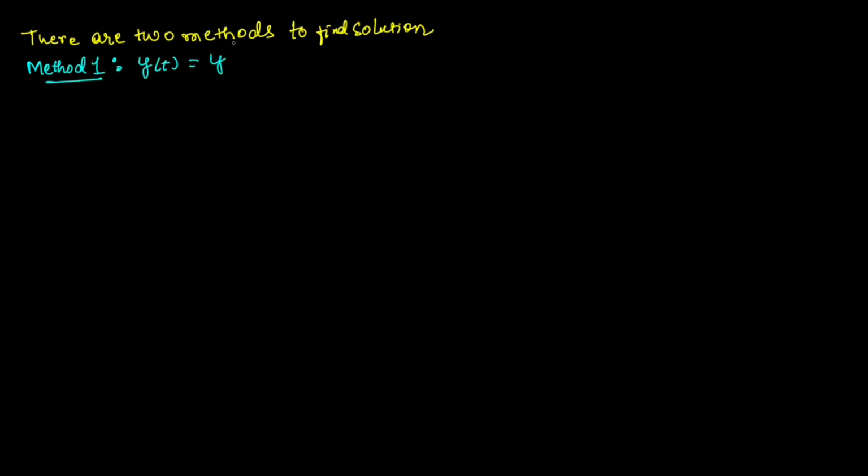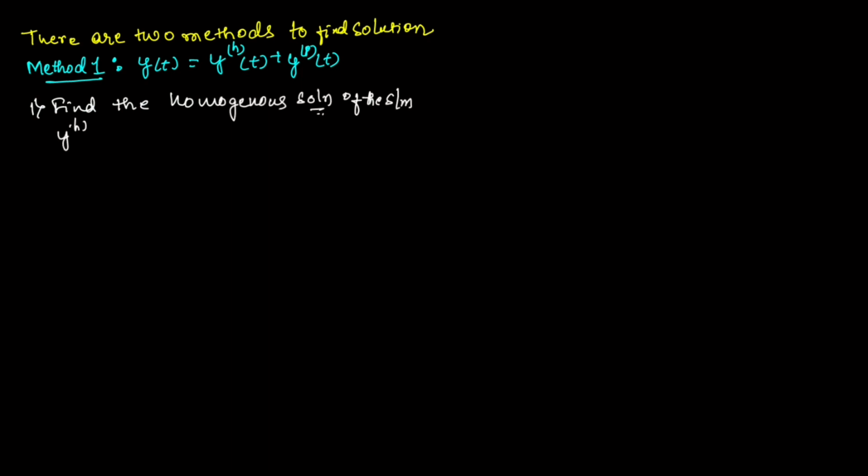There are two methods to find the solution. Method 1, let us consider y of t is equal to yh of t plus yp of t. The first step is to find the homogeneous solution of the system yh of t with constants c1, c2 and so on up to cm.